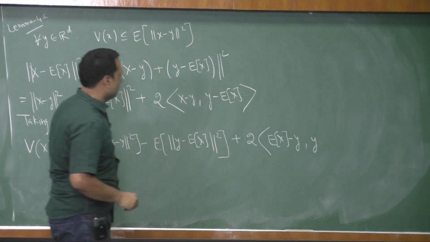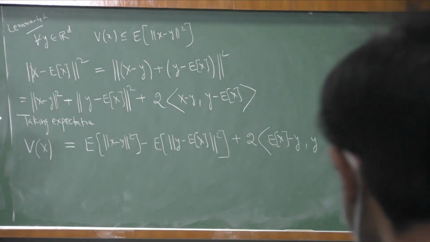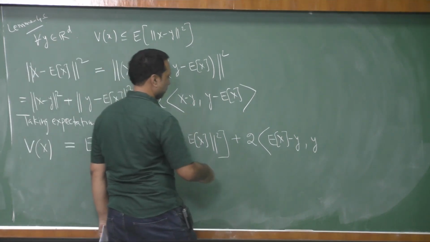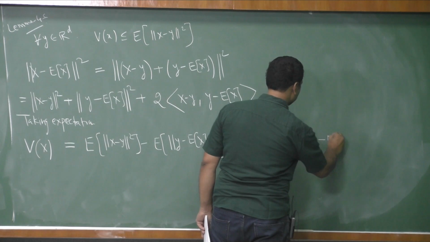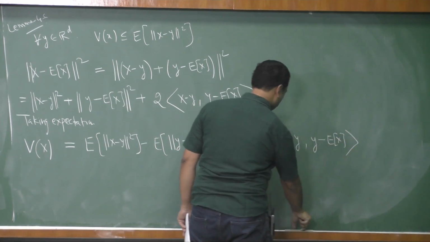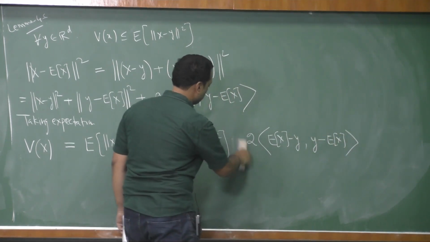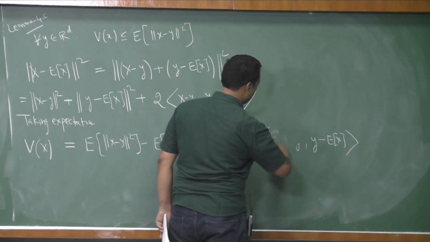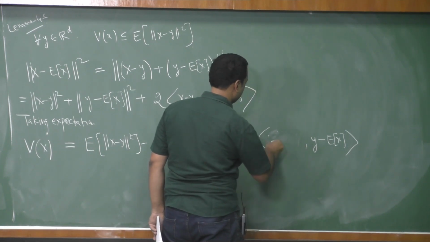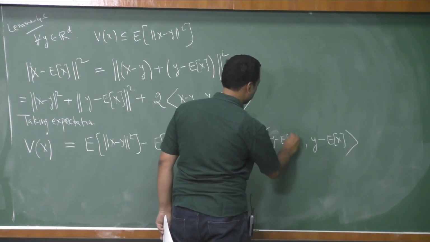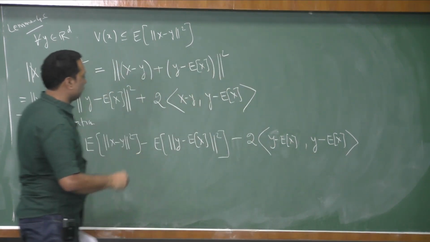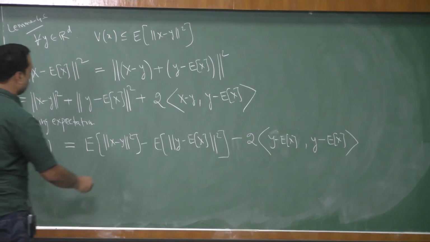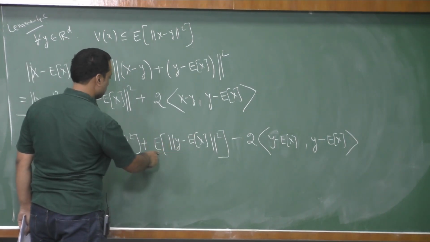So we can put this in whichever form we prefer. We reverse this guy, so y minus expectation of x, and then we put a minus here, and then it becomes a norm of y minus expectation of x whole squared.